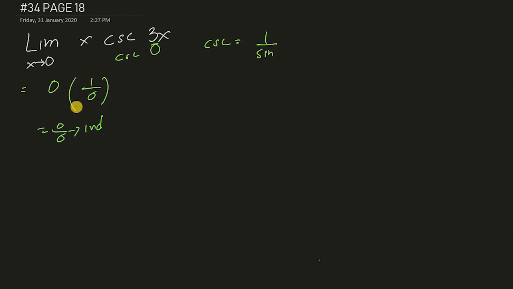This is called indeterminate form. Now, ano na ngayon yung gagawin natin para hindi siya maging indeterminate form? We need to do some things over here para hindi siya maging indeterminate form. Now, cosecant is the same as 1 over sine. Tama ba?